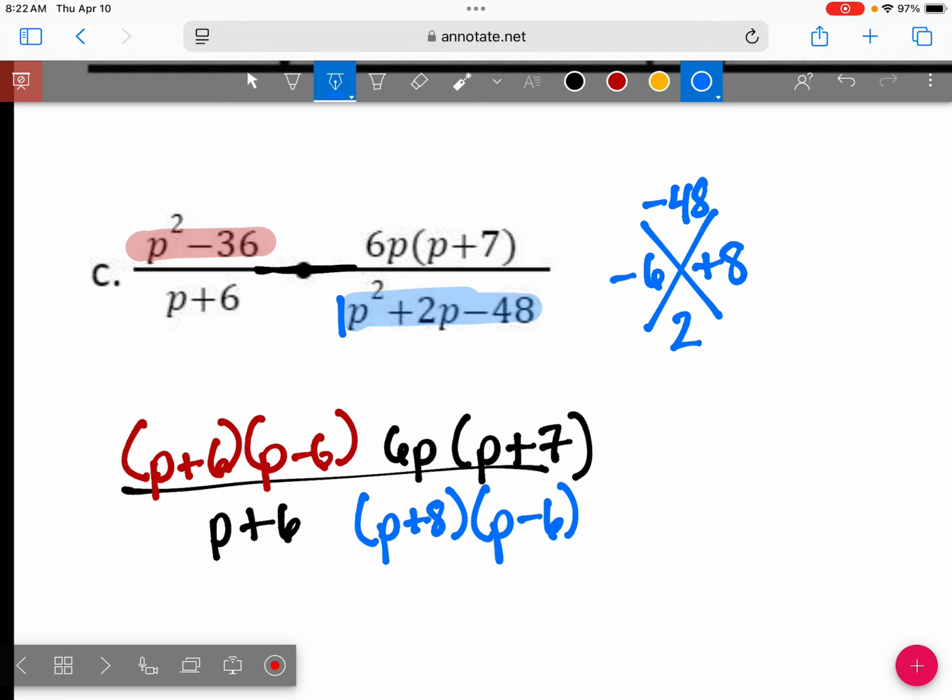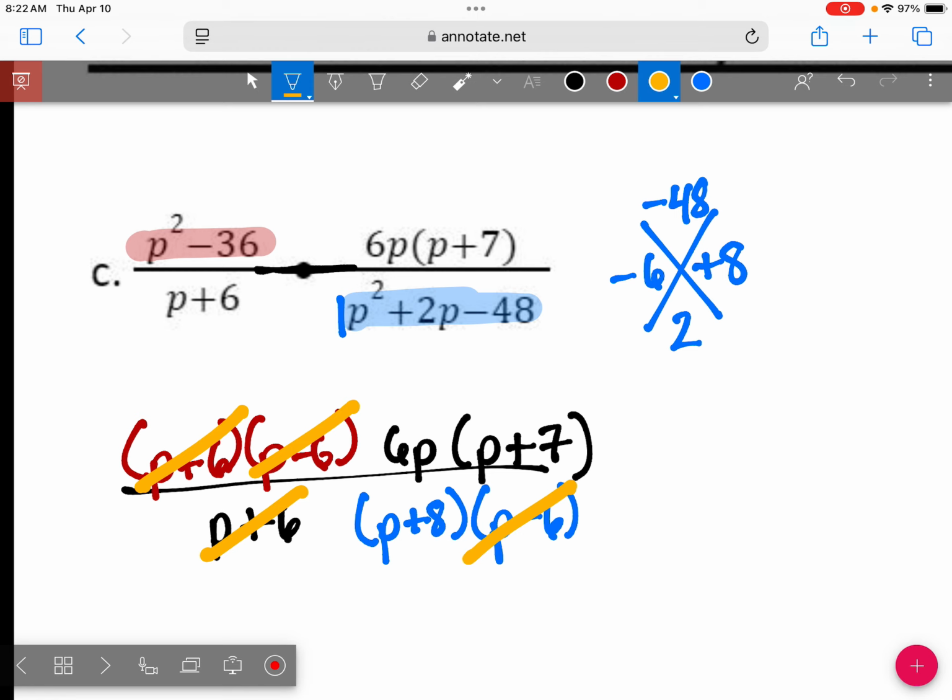What can I take away? Has to be up and down for it to go away. P minus 6. Okay, let's take that away. P plus 6. Yep, let's take that away.